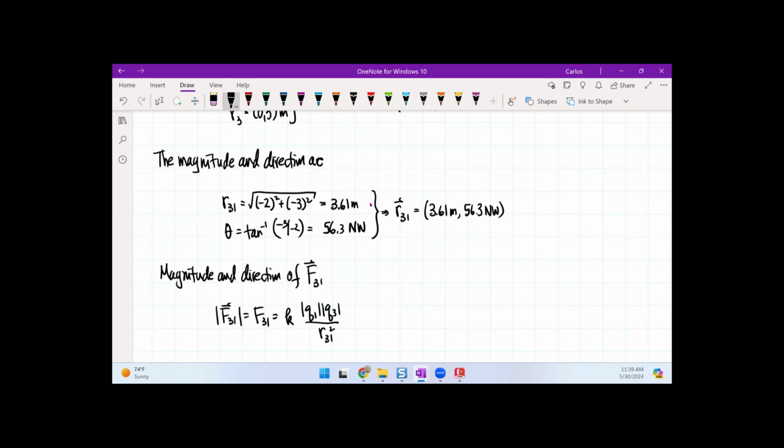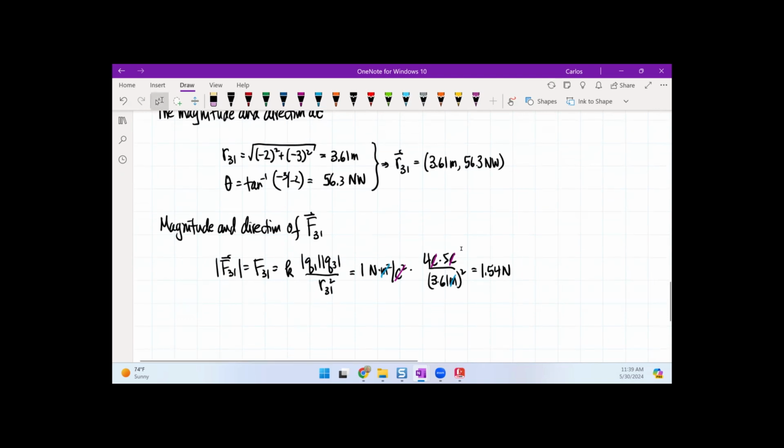So I'm going to have 1 newton meter squared per coulomb squared times the charges of 4 coulombs and 5 coulombs, and then the distance of 3.61 meters squared. Again, looking at units, they all cancel out, and we see that we have a force of 1.54 newtons.